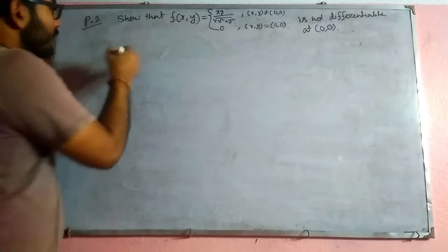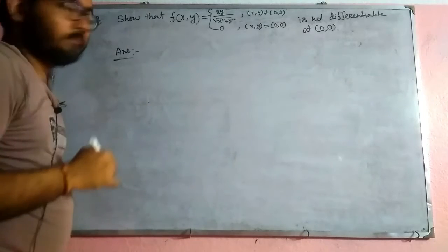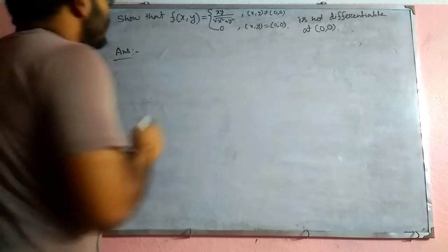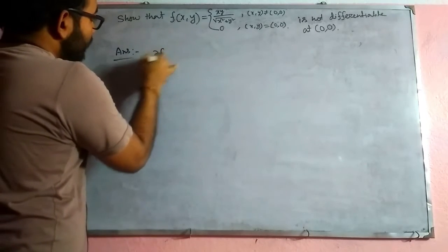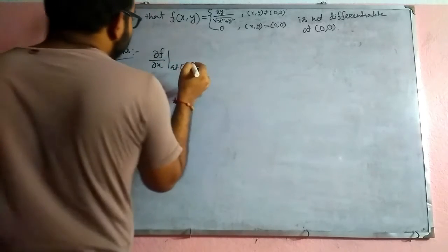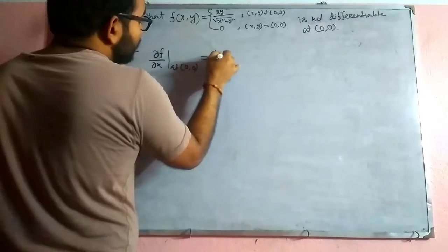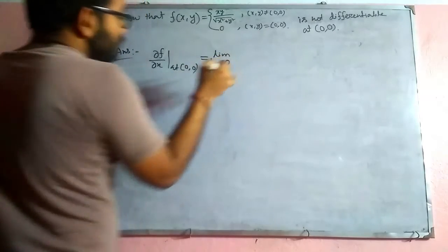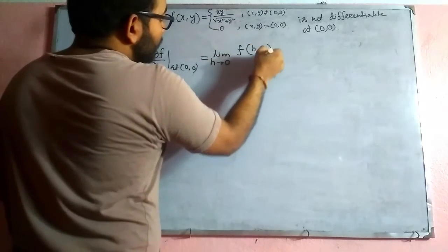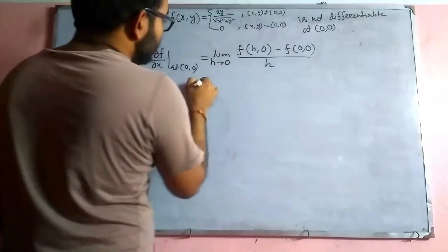So answer. At first we have to obtain the partial derivatives. So del f by del x at the point 0 comma 0 is equal to limit h tends to 0 of f of h comma 0 minus f of 0 comma 0 by h.